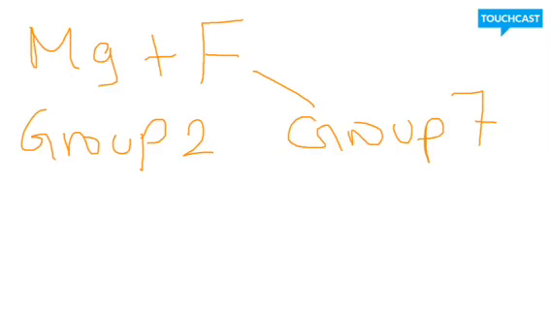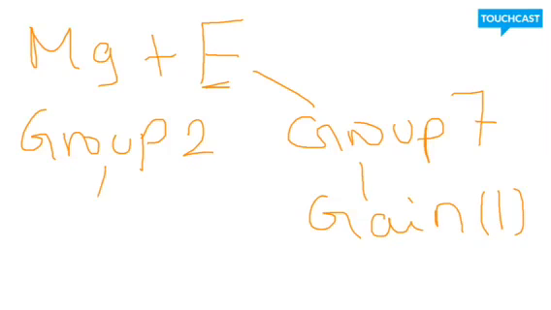Which means that fluorine will need one more electron to be full, and magnesium needs to lose 2, because it has 2 valence electrons.